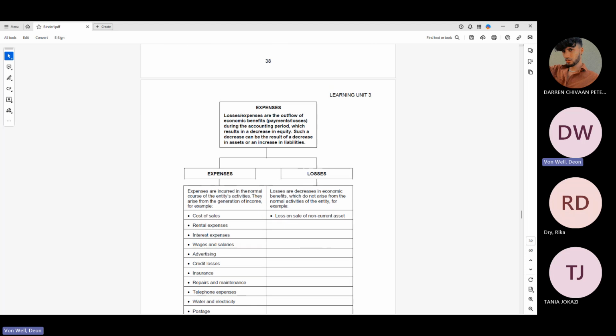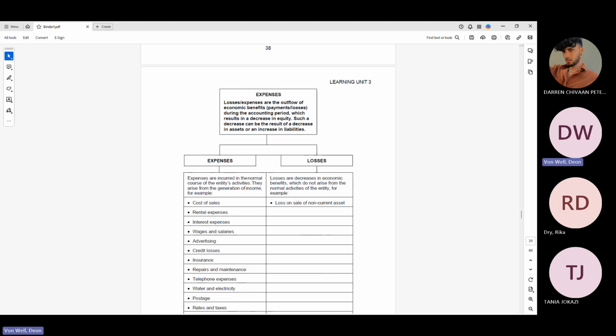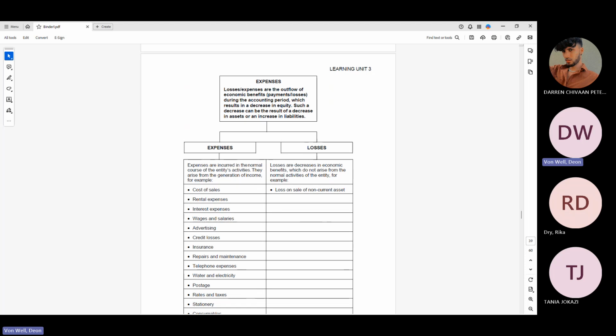Other examples of expenses are my cost of sales, my rental expense, my interest expense. It's when I paid interest, so this can also be called interest paid, rental paid, wages and salaries, advertising, credit losses. So that's my bad debts that I've written off. The debtor that can't pay me, I've written it off.